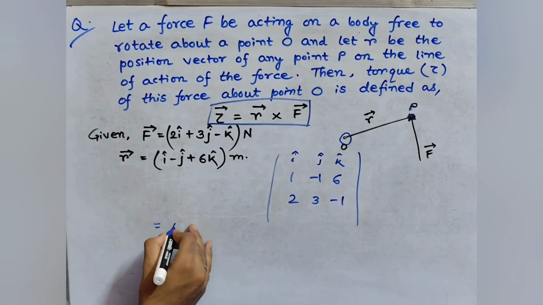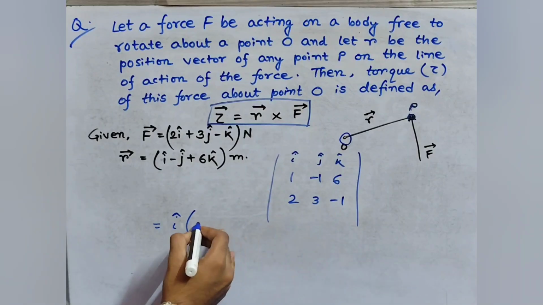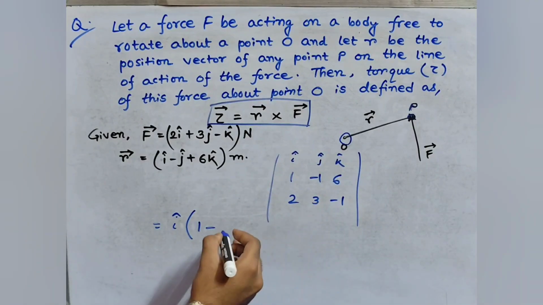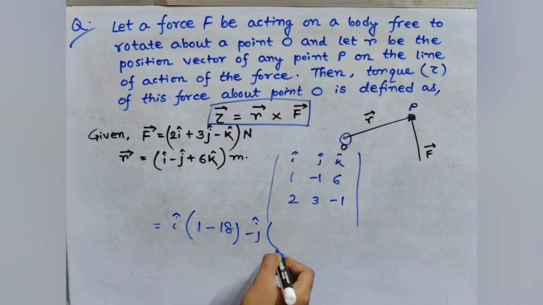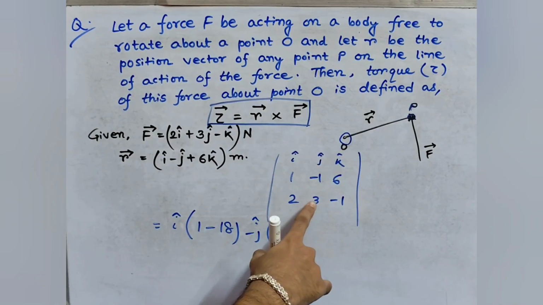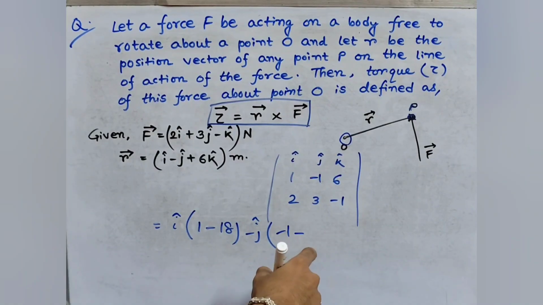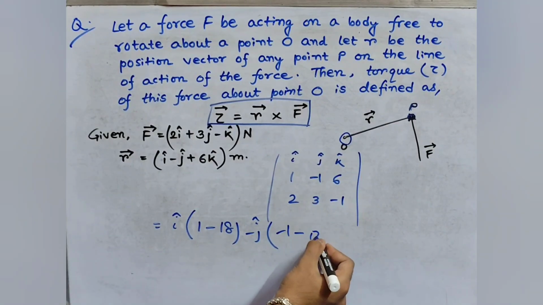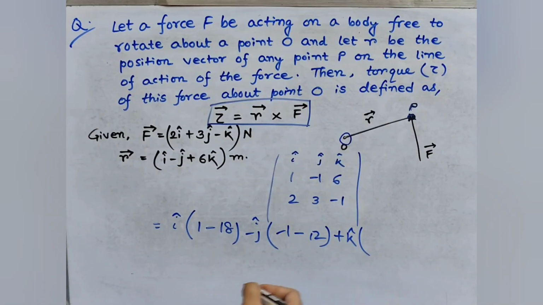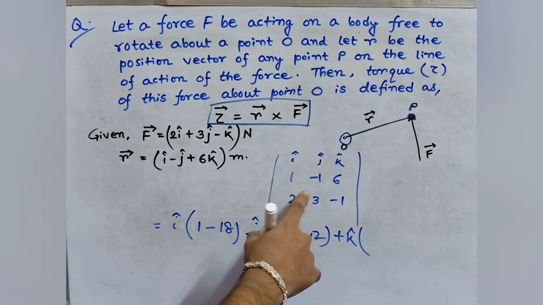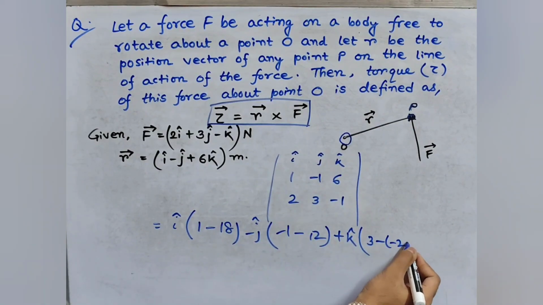So it will be i cap, then 1 minus 18, minus j, 1 and minus 1 and minus 12, and plus k cap, 3 minus of minus 2.